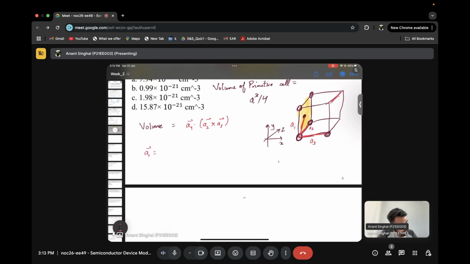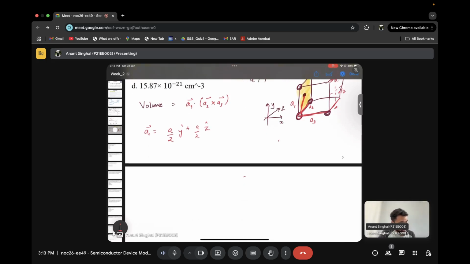We know that this is A, the total width is A, so half of that would be A by 2. So if I talk about the first vector, this will be A by 2 for y and A by 2 for z because it's in the YZ plane.